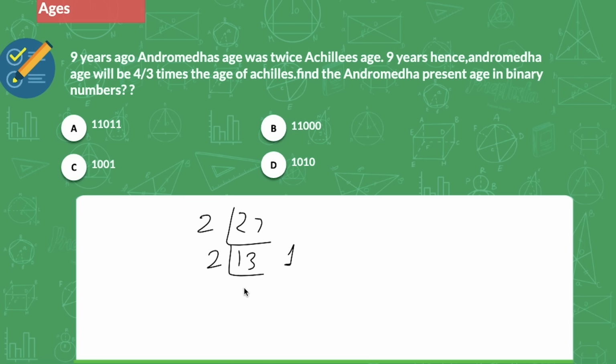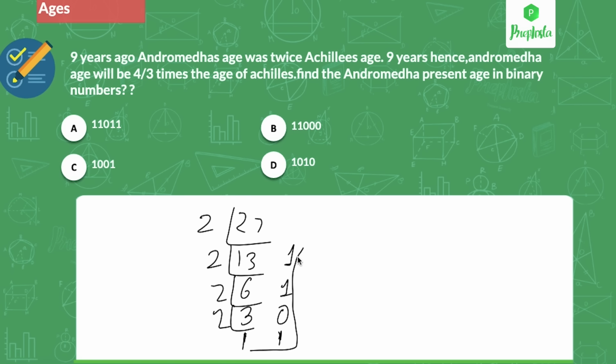Again we divide it using 2. So I get 6. Again the remainder is 1. Again I'll divide it using 2. The remainder will be 0. Again I divide it using 2. So the remainder is again 1. Right? So the number in binary would be 1 1 0 1 1.